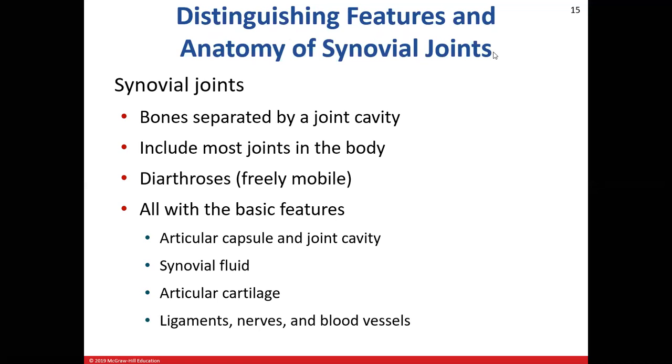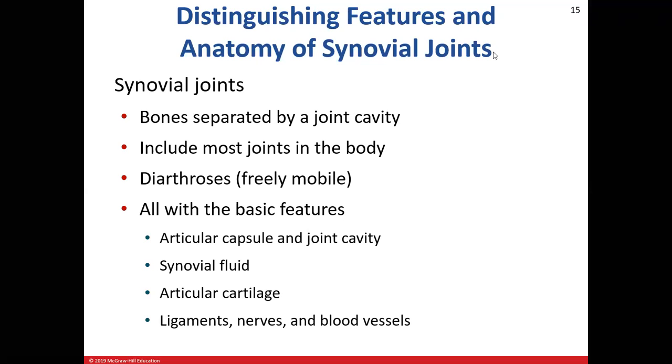This is the type of joint that we find in most of the joints of the body. We often find most of them in the extremities, but we will find them in other locations. These are diarthrotic joints, which means they are freely movable. Now, they may be limited in certain planes of movement, but as far as the particular movements that that joint has, they often are freely movable.